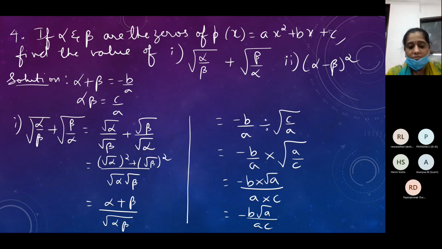Ma'am, I did it in a slightly different method and got a different answer. Share your answer. Ma'am, should I send it in WhatsApp? Yes. Can we write this answer as minus b by root of AC, ma'am?